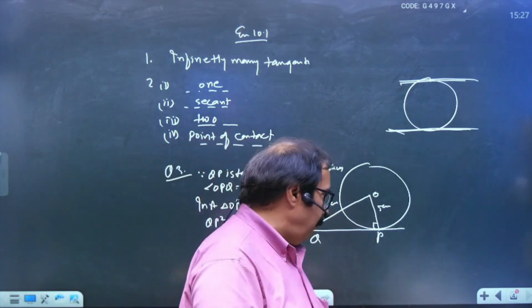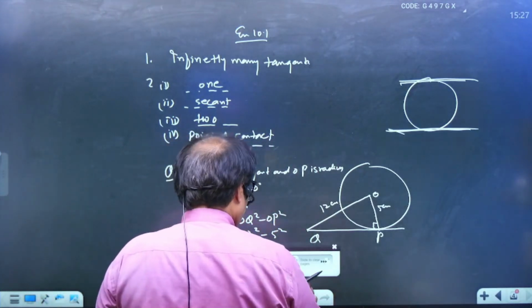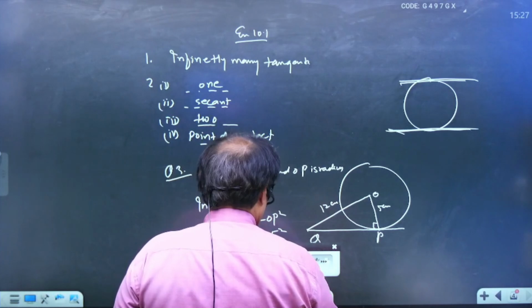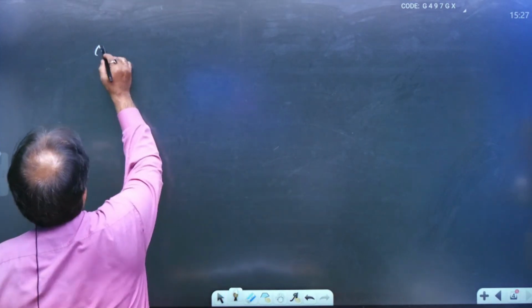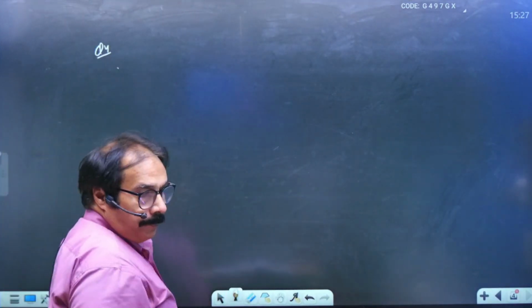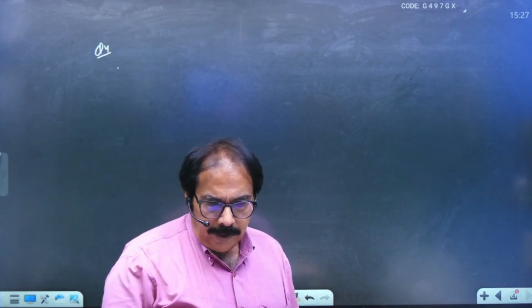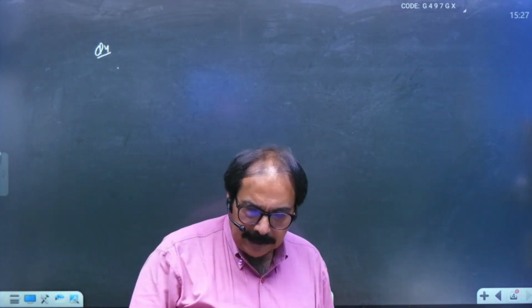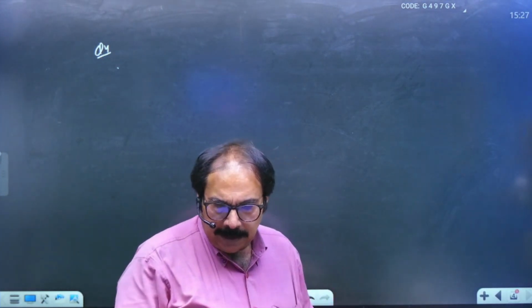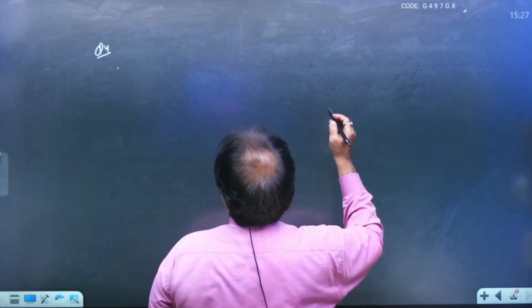Now the next question, question number 4. The question is: draw a circle and 2 lines parallel to a given line such that one is tangent and the other a secant to the circle.